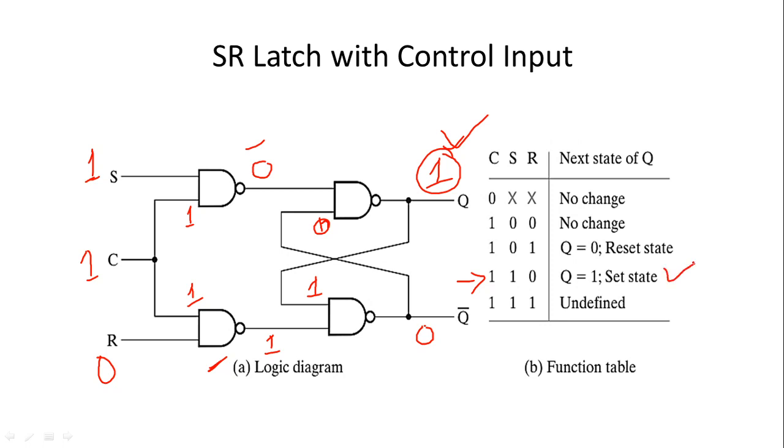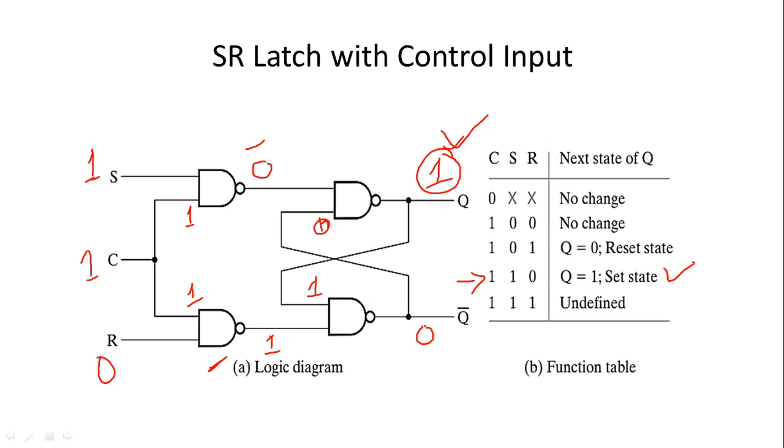So Q is 1, and Q naught is 0, the complement of Q. So you see, if the clock is 1, it produces a set state.